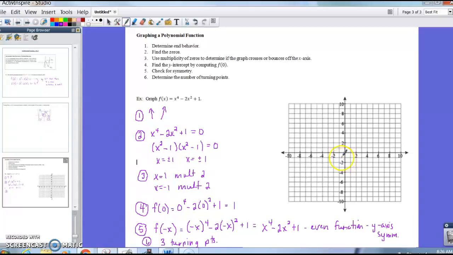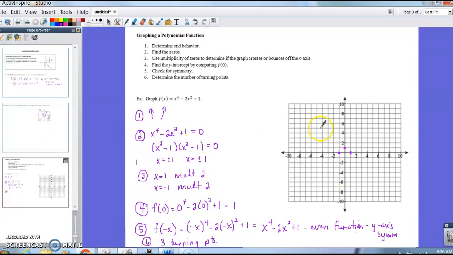So I know that I have a root, or a zero, at +1 and -1. I know that my y-intercept is at +1, so I know I'm going to be crossing the y-axis at +1.